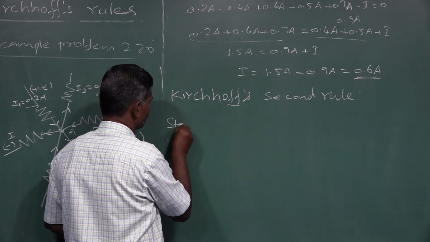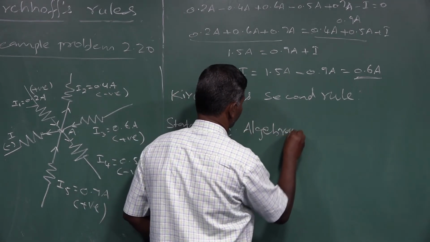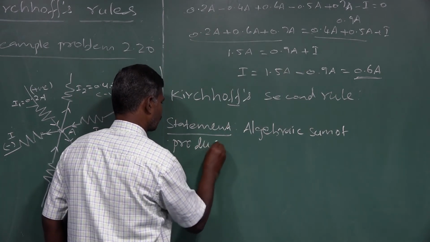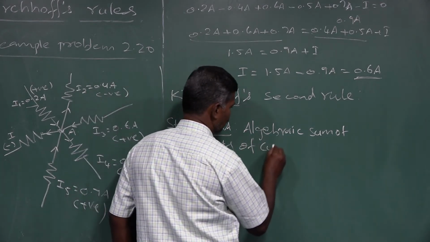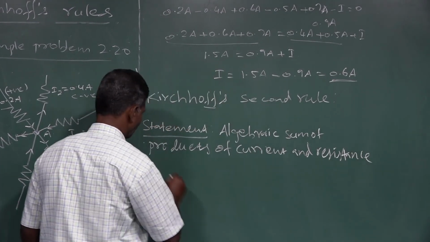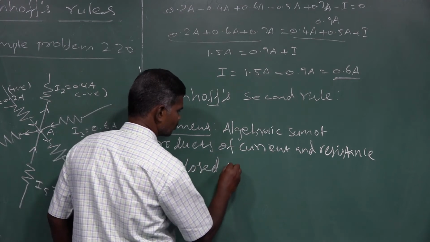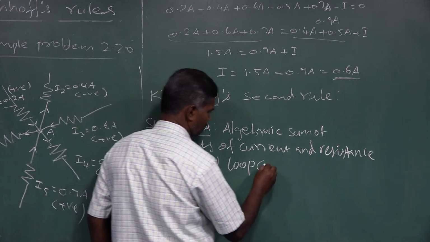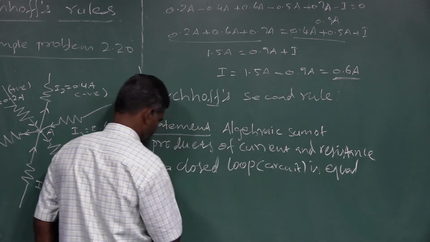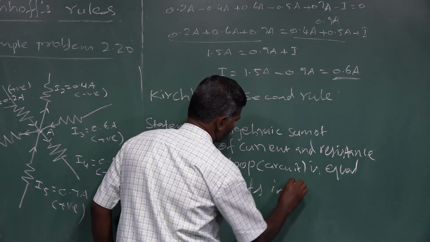That is, the statement we have: the algebraic sum of products of current and resistance in a closed loop, or we call it a circuit, is equal to the total EMFs in that closed circuit.